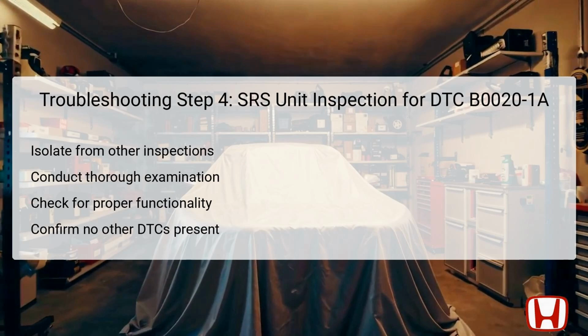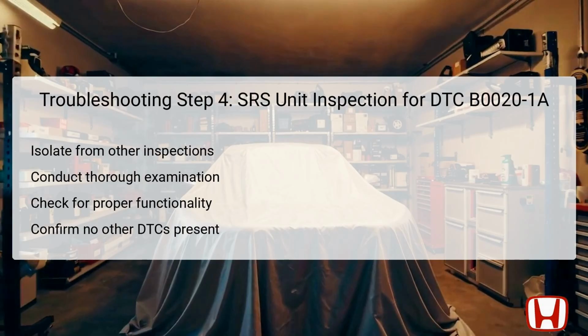If the inspections of the driver's side airbag and the associated wiring show normal conditions, it leads to the SRS unit itself as the probable culprit for DTC B0020-1A. In this step, it is essential to isolate the SRS unit from other components to ensure that no external factors influence the operation.